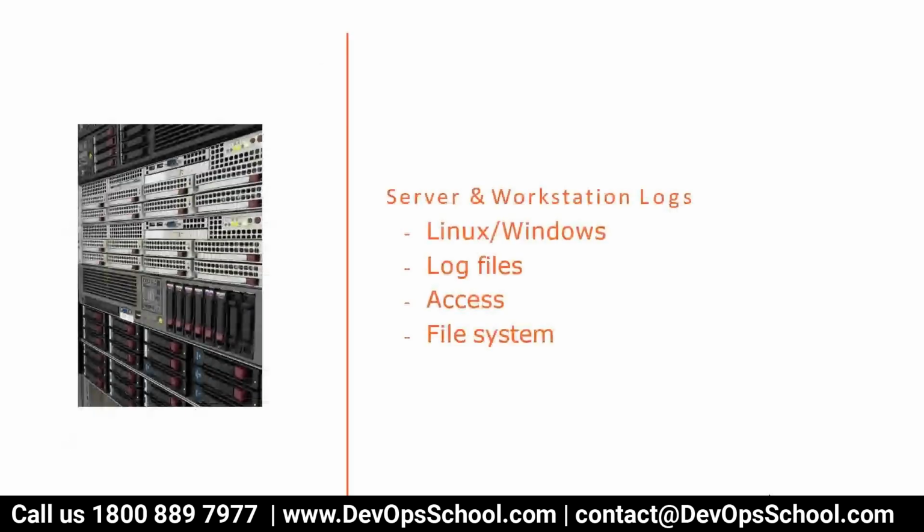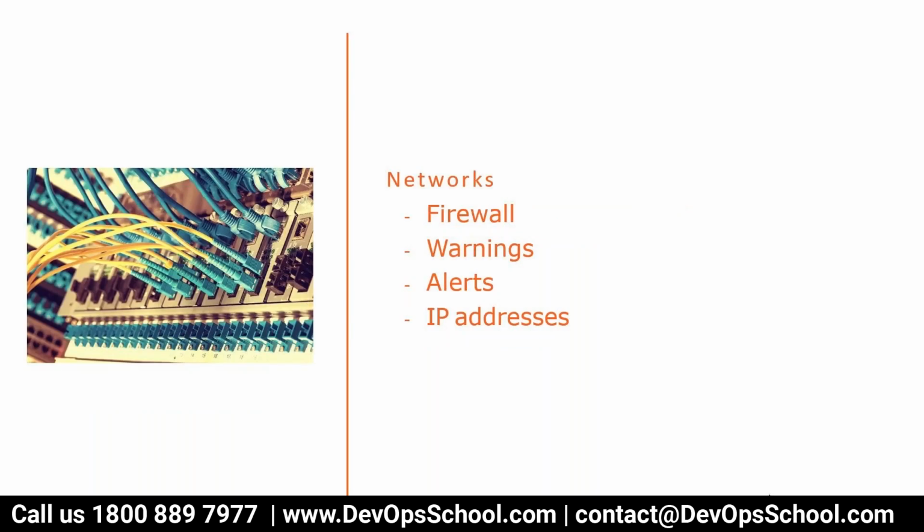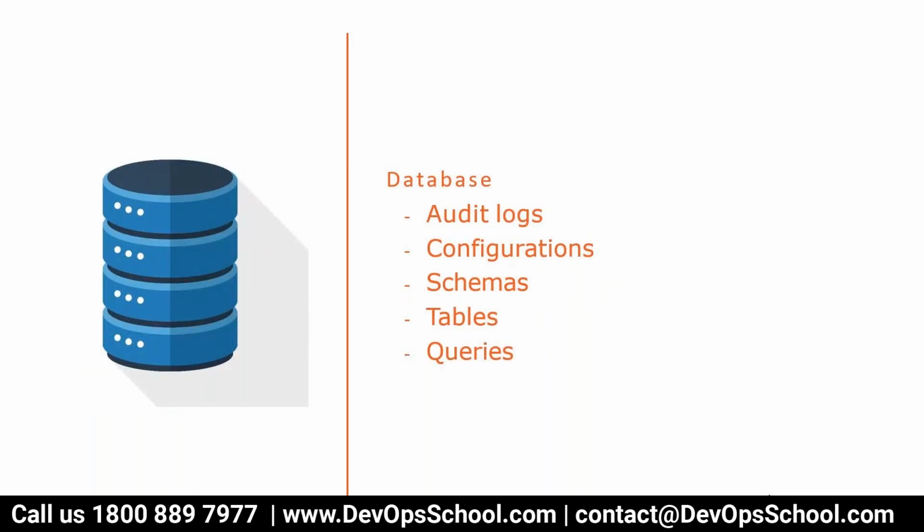Look at this. You generate logs from Linux, Windows. Log files are there. Access log files are there. Log files for file systems. In terms of networking, firewall logs, warning logs, alerts, and IP address logs. In terms of databases, you have audit logs, configuration logs, schema logs, tables, queries logs, and stuff like that.